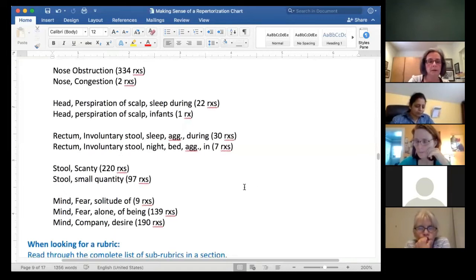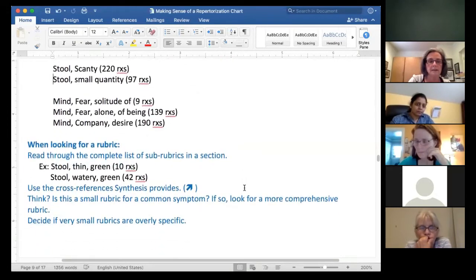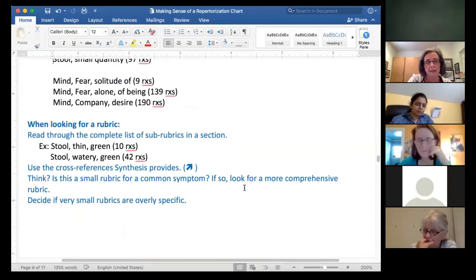So another thing that I notice, and this I see from doing the repertory exercises, is people get to a rubric and they say, oh, this is the one. It's the first thing that comes in alphabetical order. And if you go a little farther, there's something that's more comprehensive and bigger.